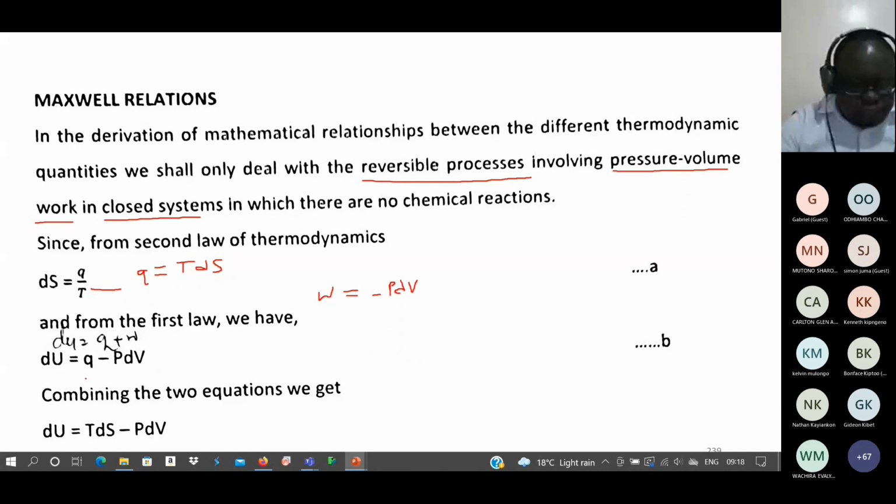So putting the value for Q here, dU is going to be equal to T dS minus P dV. So this is the first equation, which we are going to use in our Maxwell relations shortly.